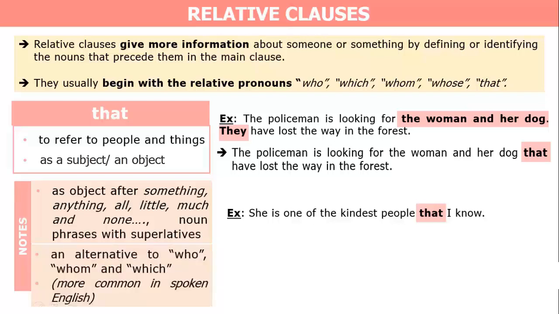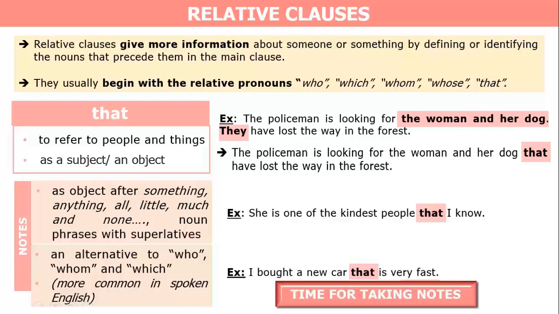Besides, that is an alternative to who, whom, and which, and is more common in spoken English. For example, I bought a new car that is very fast. Now, 3 minutes for you to copy down.